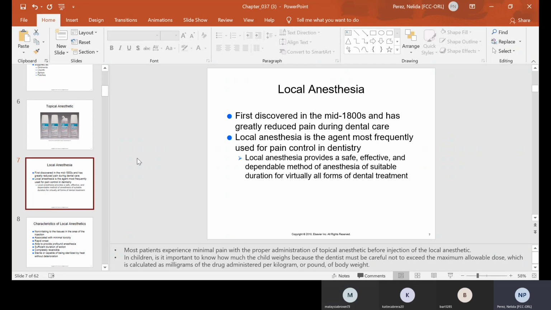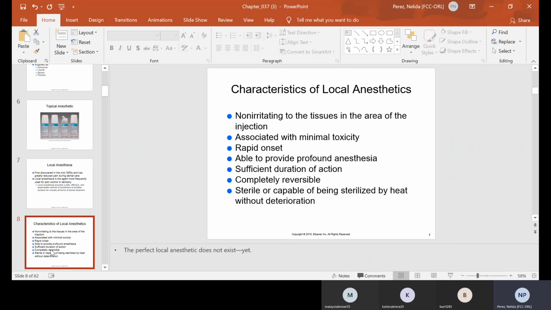Now, local anesthesia was discovered somewhere in the mid 1800s and has greatly reduced pain during dental care. It is the most frequently used for pain control in dentistry, local anesthesia, that is, because it provides a safe, effective, and dependable method of anesthesia of suitable duration for virtually all forms of dental treatment.